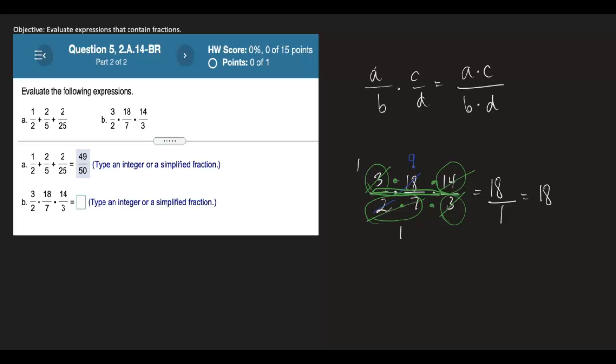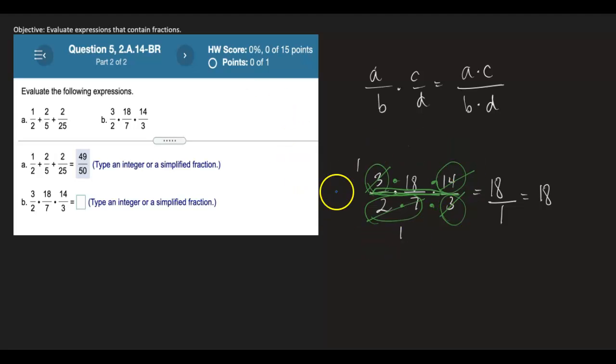That could have been another possibility. I'm not going to go through that process here, but just to let you know as a note, there are multiple ways that you can reduce within the problem and then multiply in the end.